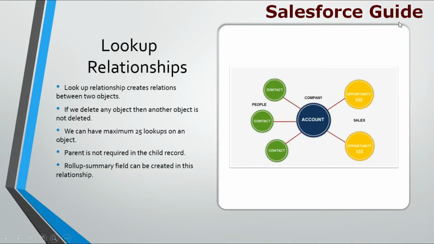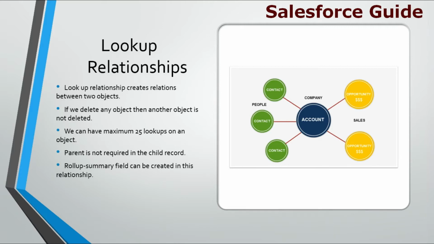So guys, now let's start with the lookup relationship. A lookup relationship is a kind of parent-child relationship, but in master-detail the parent is always required, whereas here the thing is totally opposite: the parent is not always required, you can consider it optional.